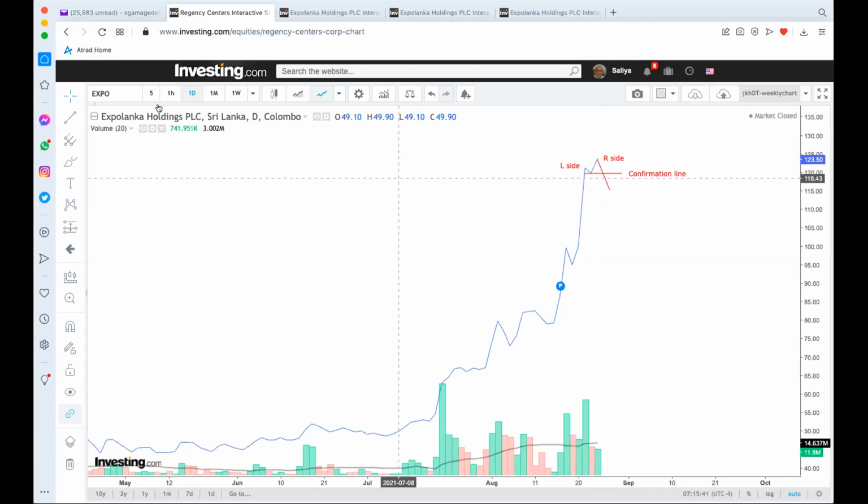Right now, I'm using a day chart. As a result, you will see these patterns for a short period, meaning it will come down, but just because it is coming down doesn't mean that the prices are going to come down eternally from there onwards. That is not the idea here, right?